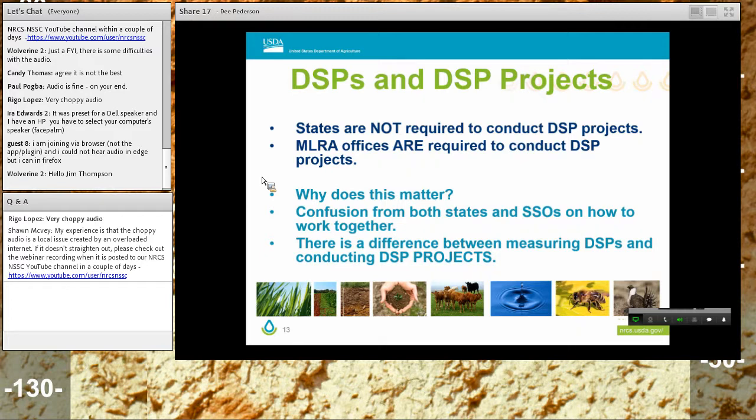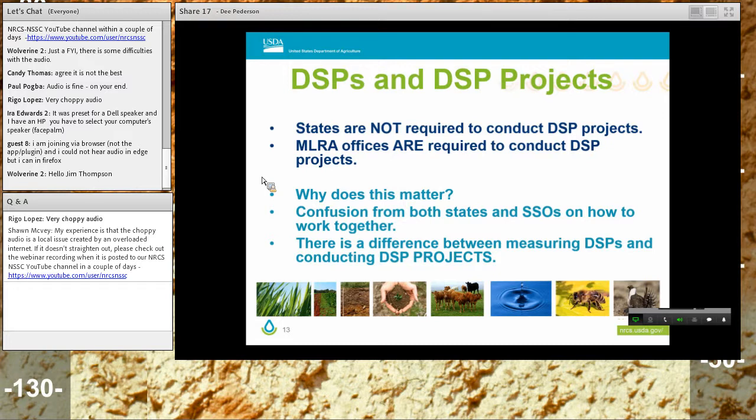So this means a full-fledged DSP project does more than measure a few dynamic soil properties. Some states have raised concerns about the requirements for DSP projects, and most of these concerns relate to the most rigorous data collection tier, the intensive data collection tier. We're not going to discuss the details of those during this webinar, but there are different levels. The fact that some past and current studies do not meet the requirements for a true project does not mean the data they collect isn't useful.